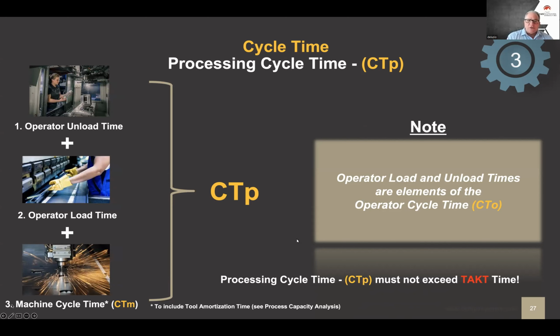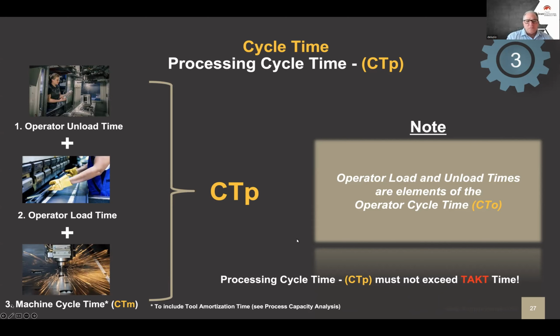Because the machine can't cycle when it's being unloaded, and it can't cycle when it's being loaded. All right. And if that is the case, then of course you've got to take that amount of time into consideration when figuring out whether or not your processing cycle time is within your takt time.